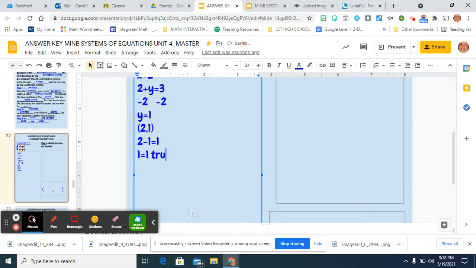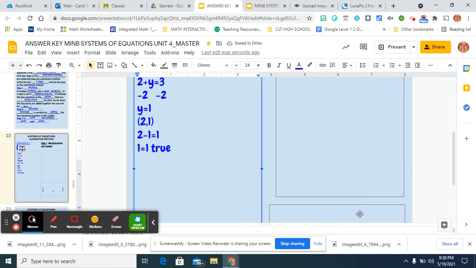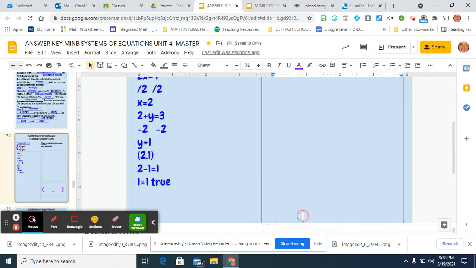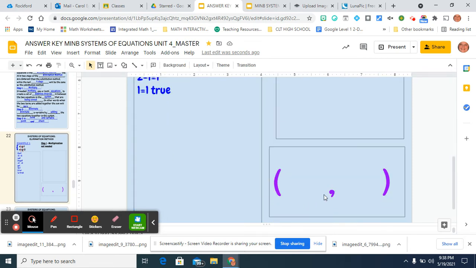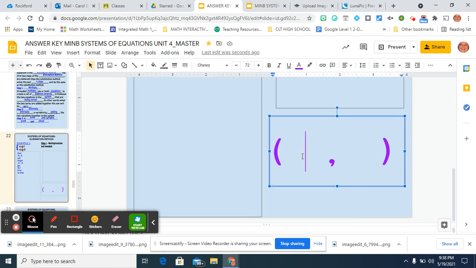So this is true on the check. So I know my answer is correct. I can go ahead and list that answer over here in the solution section. 2, 1.